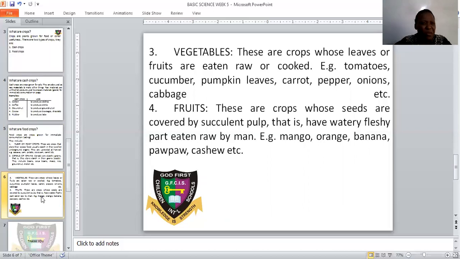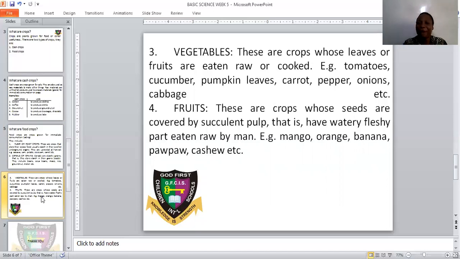Can you see that it is not for immediate consumption? And these are the types of food crops. We have tuber or root crops, we have cereals or grain crops, we have vegetables, and we have the last one as fruits.